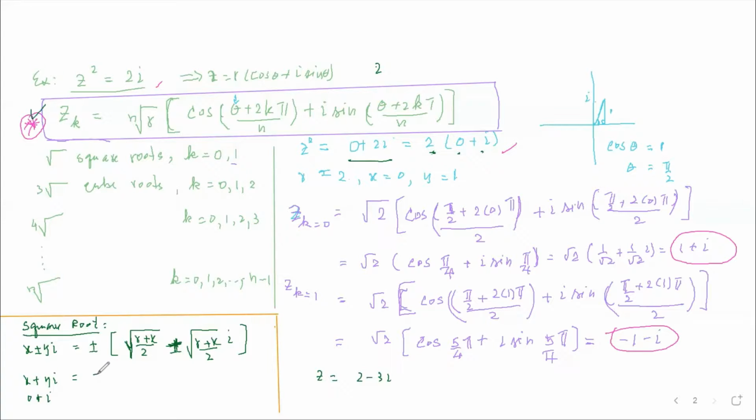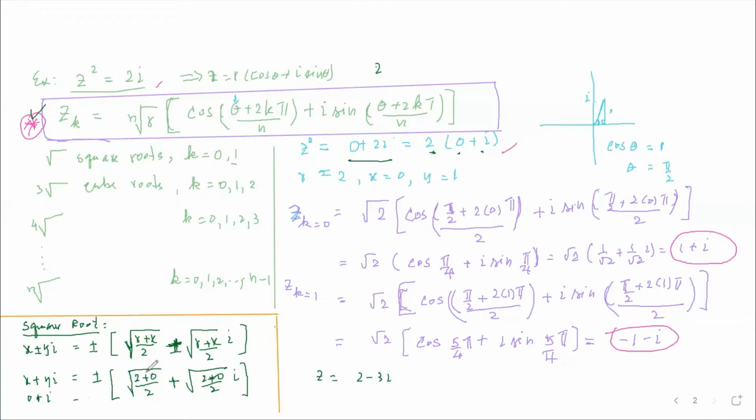So then you just replace here plus minus. So r is 2, so square root of (2 plus x, which is 0), okay, divided by 2. Because in this question the imaginary term is a plus, we use plus sign here. Then square root of (r is 2, x is 0) over 2, and i outside here.